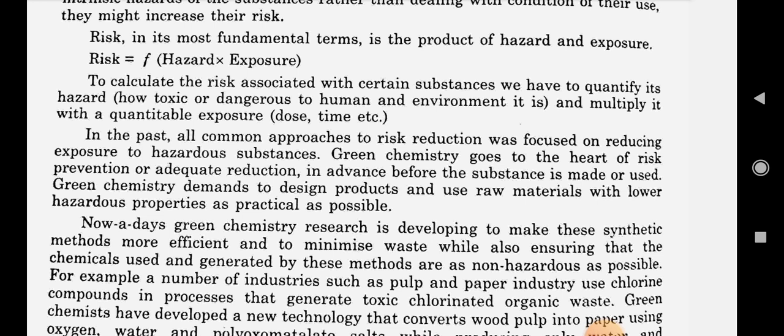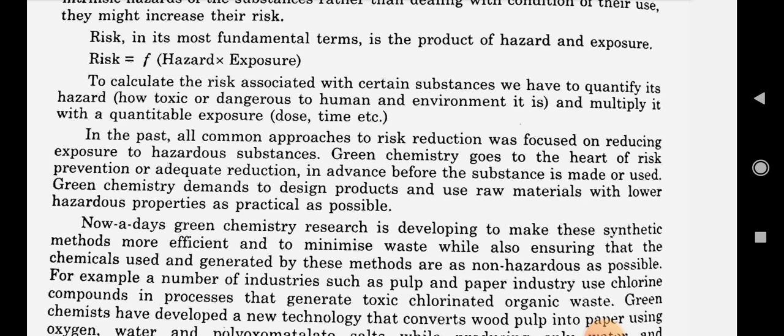Risk, in its most fundamental terms, is the product of hazard and exposure. To calculate the risk associated with certain substances, we have to quantify its hazards, how toxic or dangerous to humans and the environment it is, and then multiply it with the quantifiable exposure.